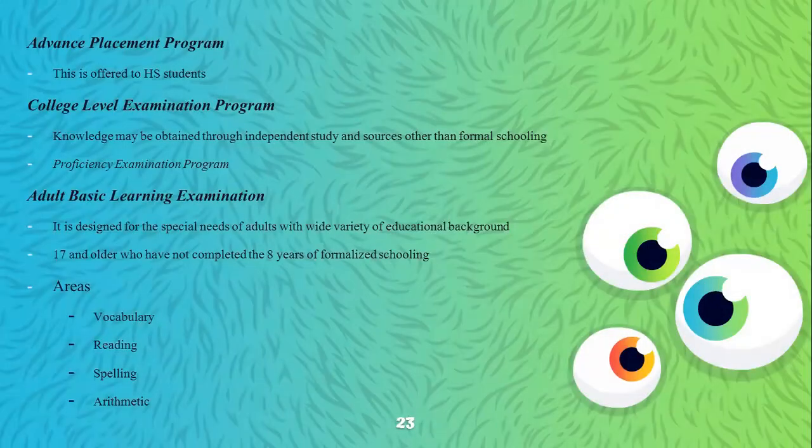Now, for the college students naman, naa tay mga programs para sa ilaha. So, advanced placement program, this is offered to high school students. So, kini for the opportunity na makakuha og credits gikan sa ilahang work completed katong high school pa sila.